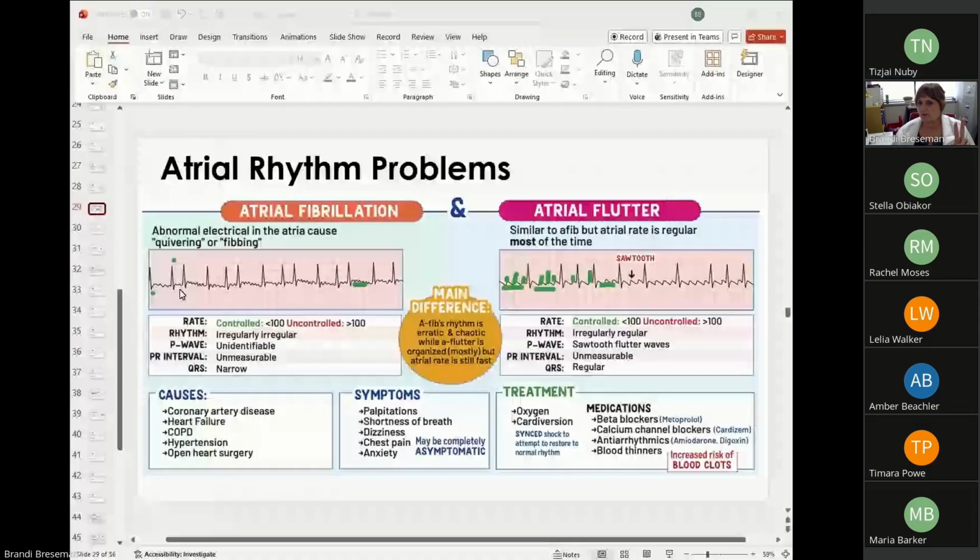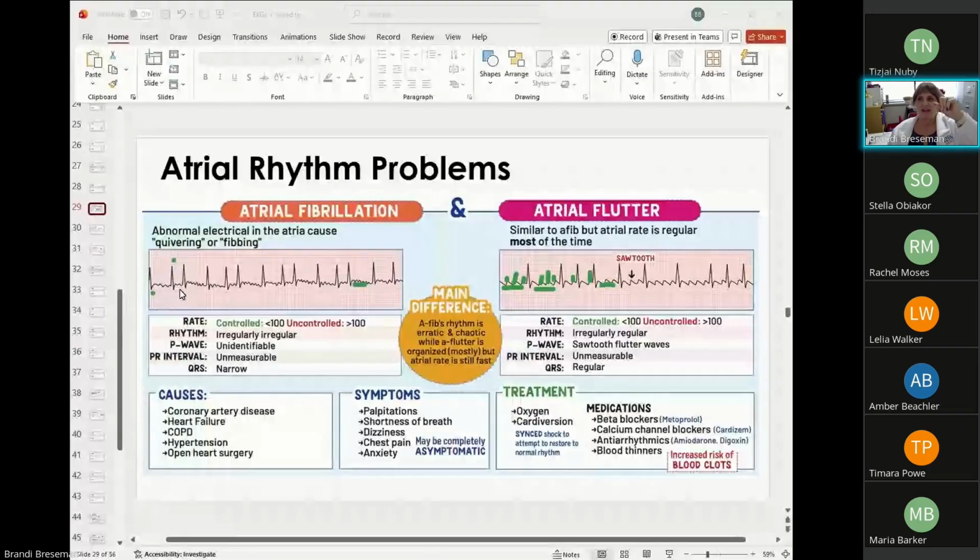Are you guys okay with understanding the difference with those? Okay, and sometimes with atrial flutter, it can actually be regular. They can have a complete 3-to-1 conduction, meaning there are 3 different spots, the sinus node and 2 other spots in the atria, firing consistently.